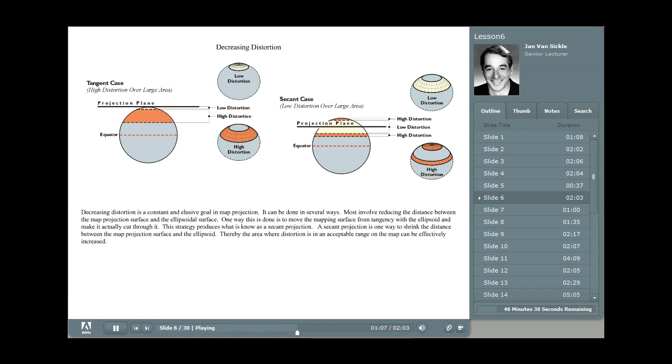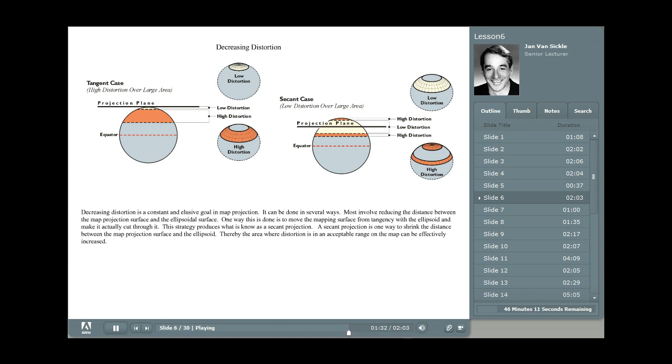The less that distance, the less the distortion. And so a secant case has low distortion over a larger area than does the tangent case. This is why state plane coordinate systems in the United States have secant projections. They cut in two places.